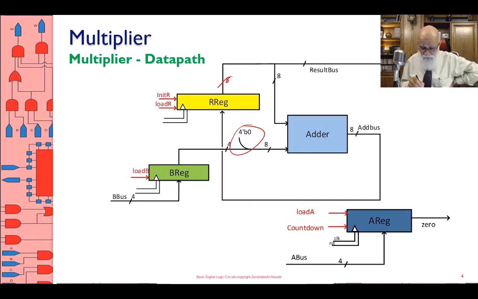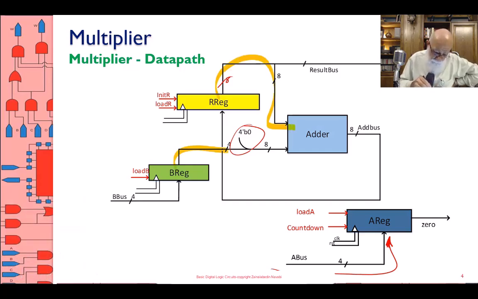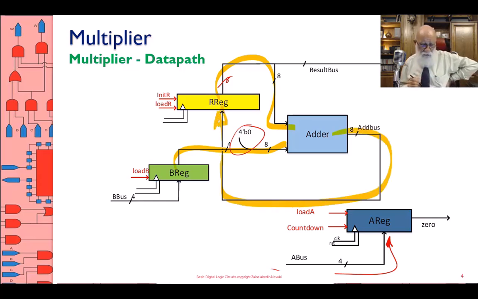Then I have to count how many times I'm adding B to the product. When A bus comes in, it comes into a register. Okay, gets clocked in there. That register turns out to be a counter, a down counter. Each time this addition and clocking into this register is performed, the register is decremented by 1.